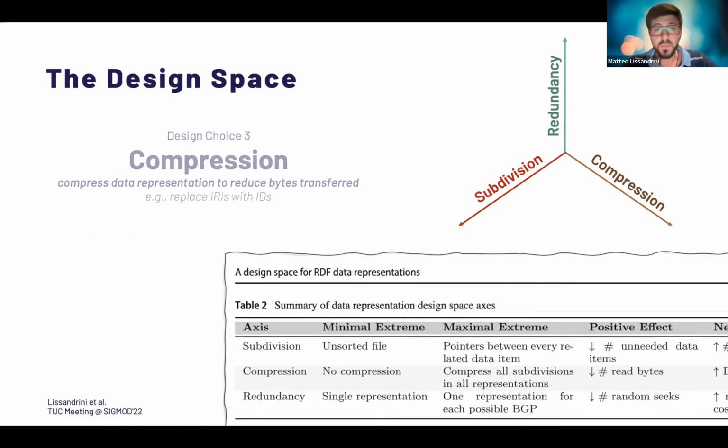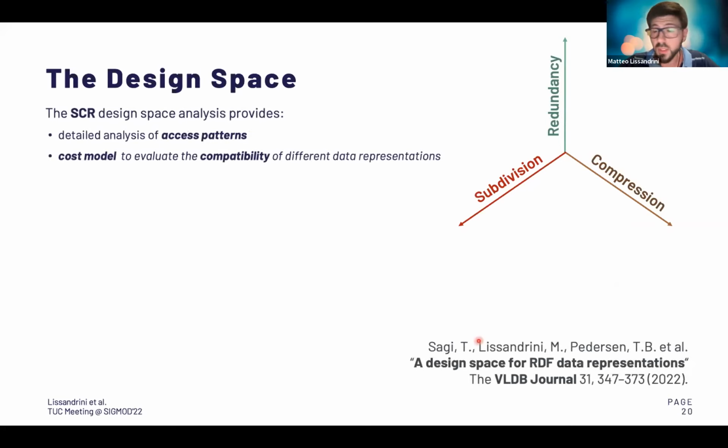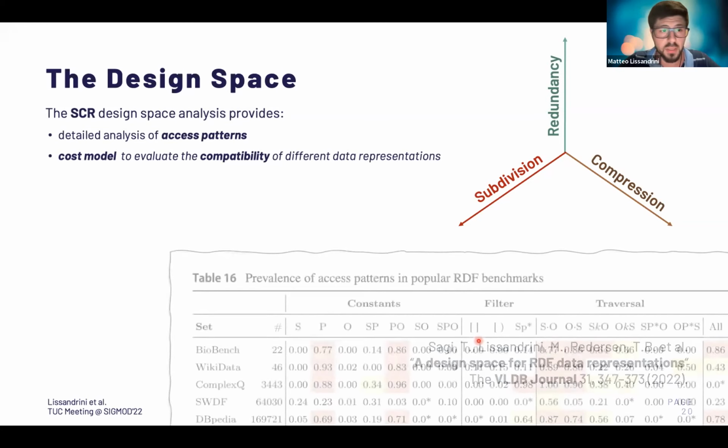The idea with this analysis was to provide an extensive and concrete set of access patterns that we need to consider when we try to answer queries for knowledge graphs, and a cost model to evaluate the compatibility of the alternative data representations in order to identify if they are suitable or effective in giving the answers to a specific set of access patterns.